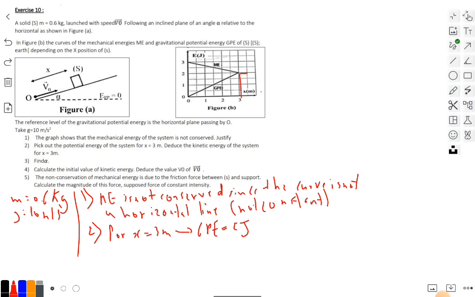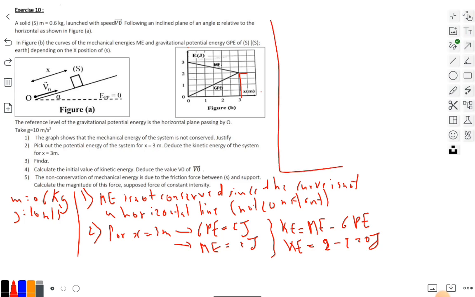We have for x equals 3 meter, the mechanical energy is equal to 2 joules, and we know that kinetic energy is equal to mechanical energy minus GPE. So the kinetic energy is 2 minus 2 equals 0 joule.